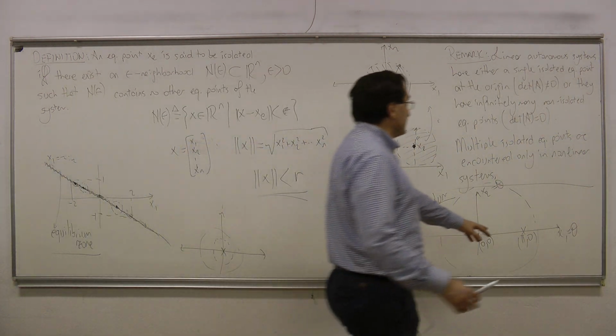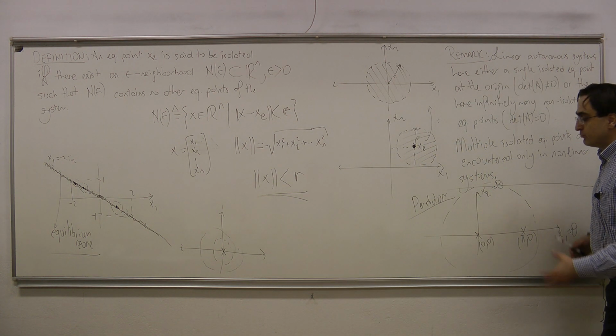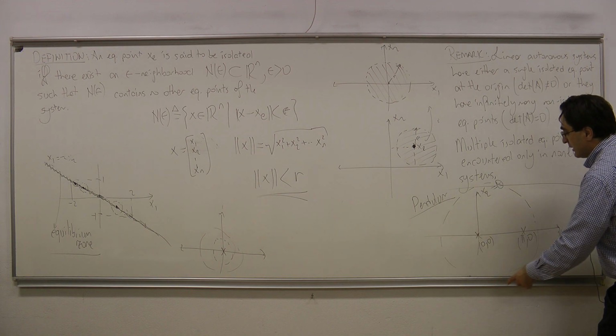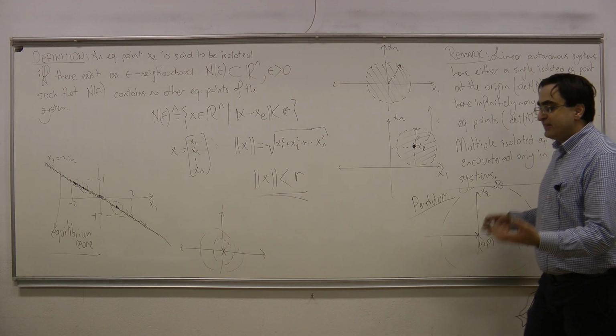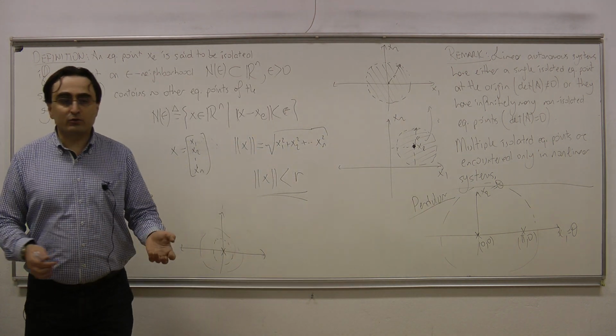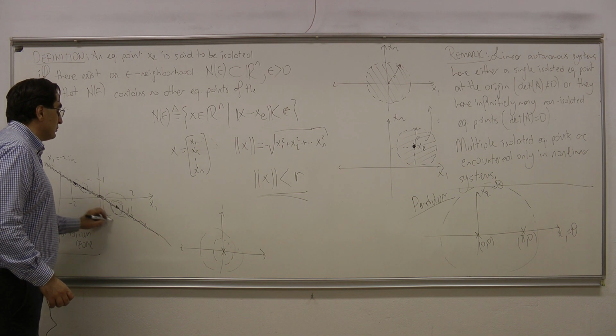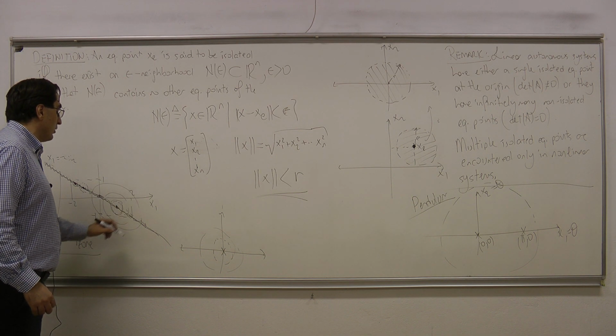So just trying a single epsilon value would not be sufficient, okay? Because in order to decide whether an equilibrium point is isolated or not, I need to check all epsilon balls around that equilibrium point.